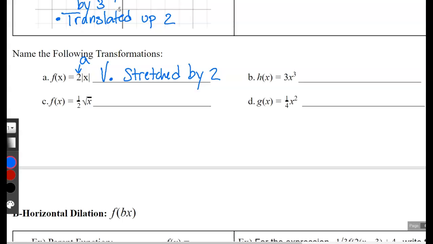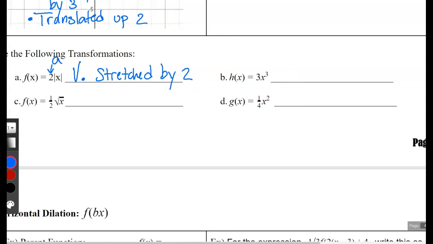All right. So on part B, what is the first word you would say for that transformation, Kaylee? Just the first word. Vertically. What's the second word for part B that we have, and it says 3x cubed?